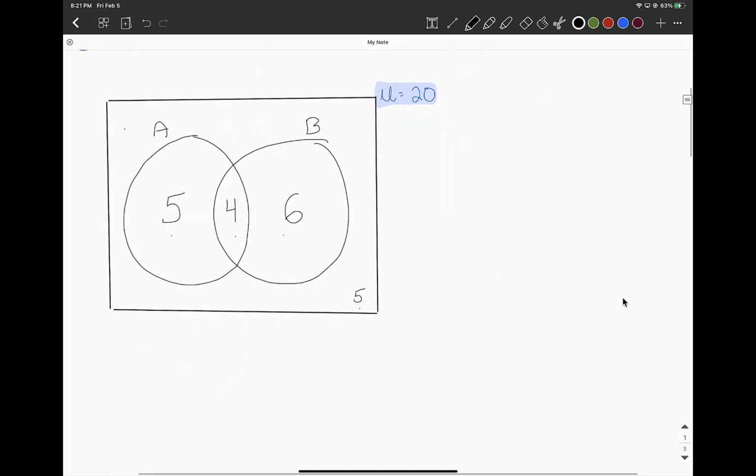Now, we want to be able to access different pieces of information here. We want to combine any 2 or 3 or 4 of these numbers and come up with totals. We can ask this in a bunch of different ways. In the simplest sense, we did this a little bit in topic 2, where I could ask, how many things are in A?